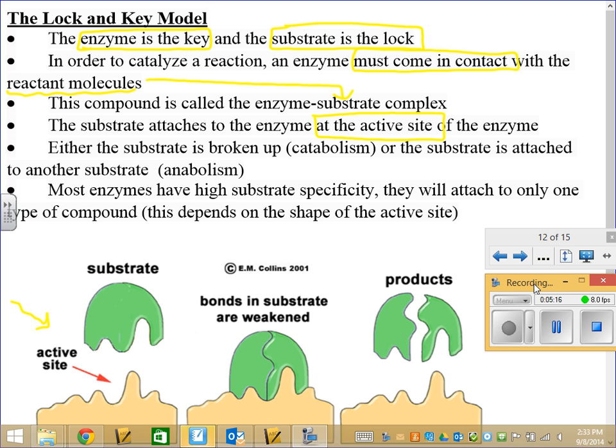Honestly, any shape will do here. If you don't like drawing, much like I don't, that's why I borrowed a photo from somewhere else. The key thing to understand is that the active site is exactly the complement to the shape of the substrate. They fit together like pieces of a puzzle. Does anyone have any questions about what the active site is?